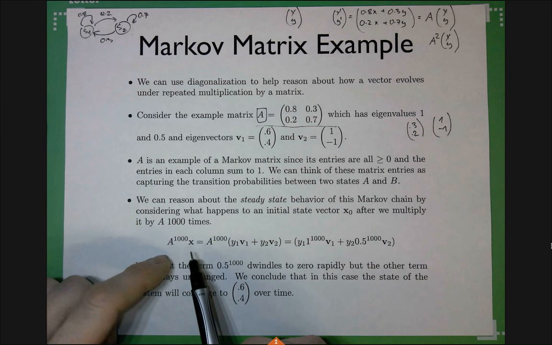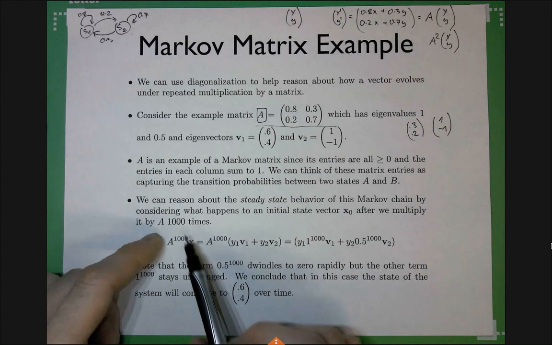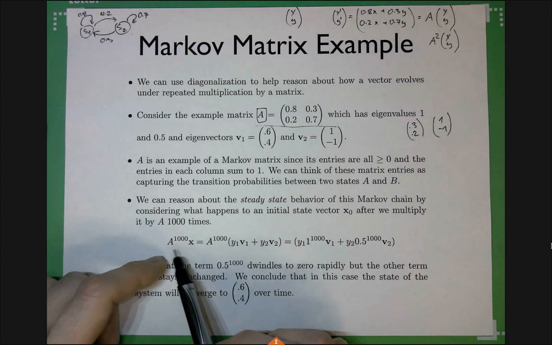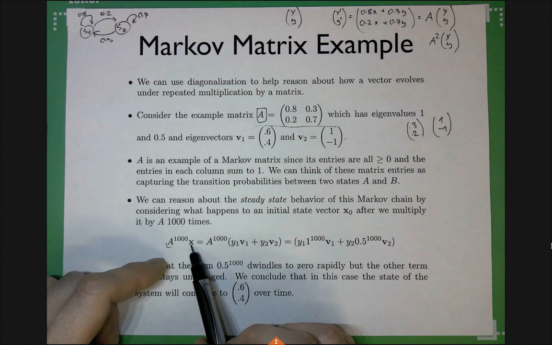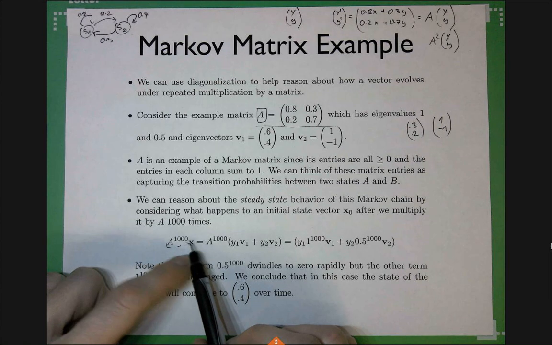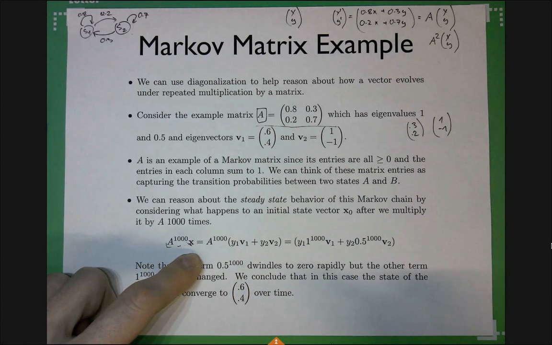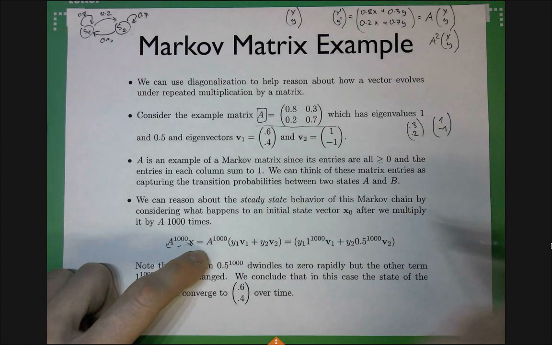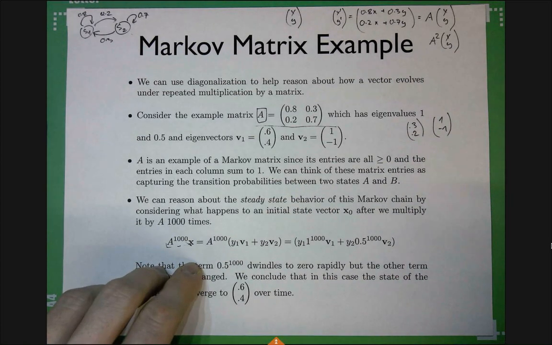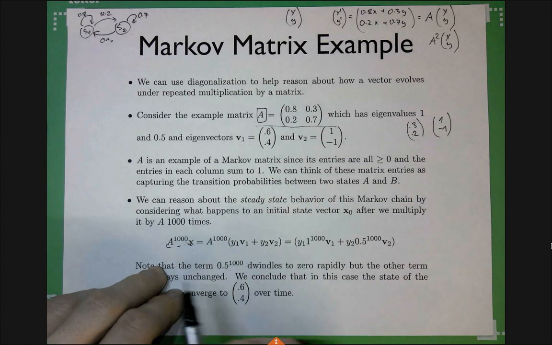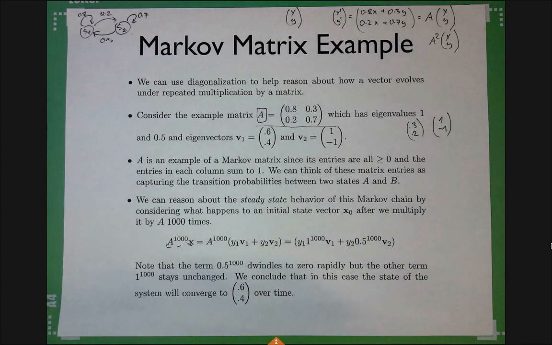So if I want to find what happens after 1,000 times, all I need to do is to raise the matrix to a power of 1,000 and multiply it with the initial state distribution. This will get me fairly close to the steady state behavior. The steady state would be if this goes to infinity, but like 1,000 for this purpose is almost as good.